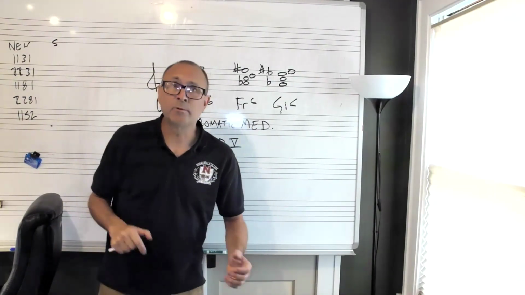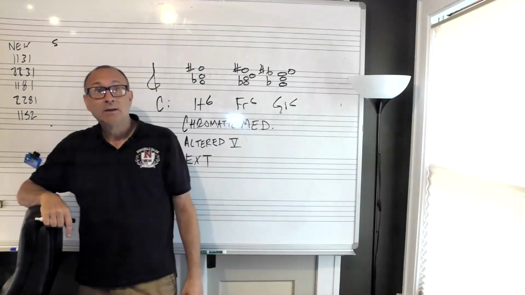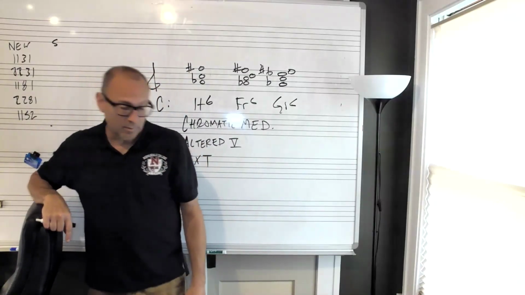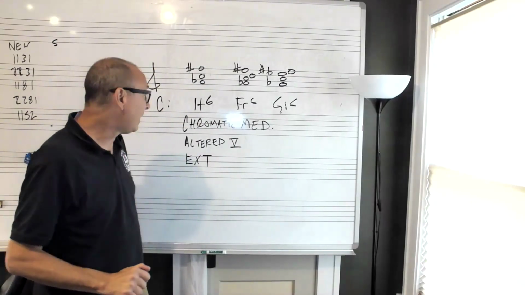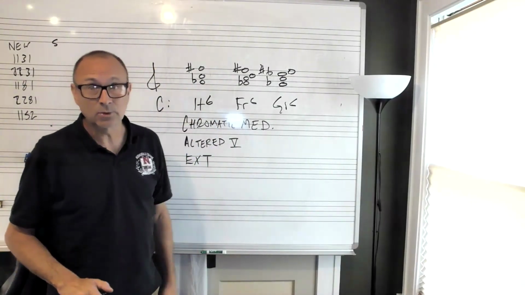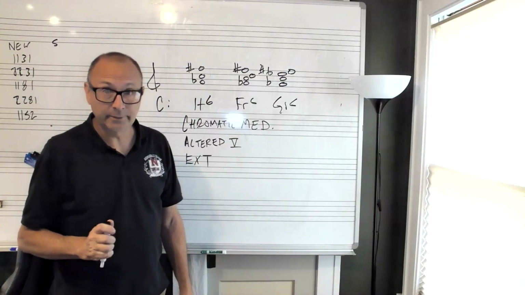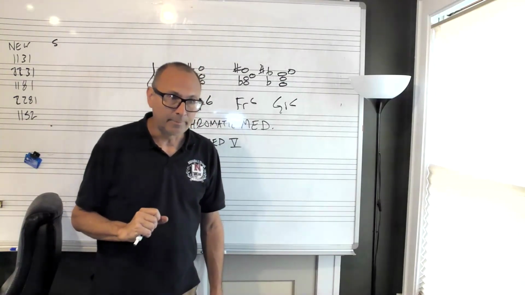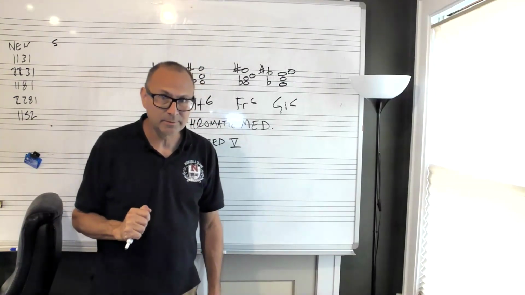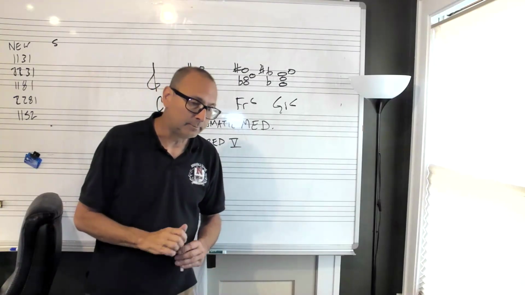When I took my graduate theory test at the U, none of this other stuff was on that test. It went as far as augmented 6 chords, and that was the end of the chromatic harmony. And it was all identification, a lot of identification.